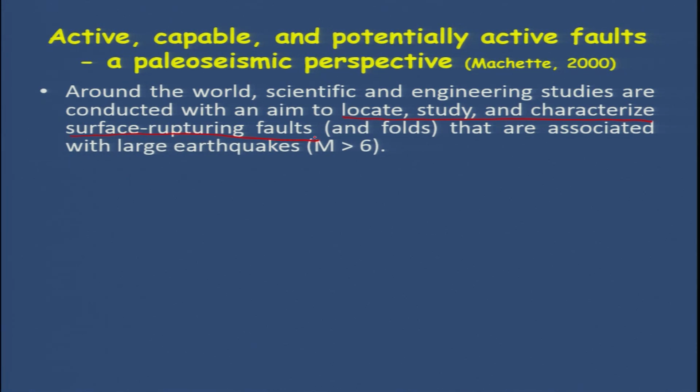Okay. So, this is the required data: to locate, study and characterize what type of faulting has been taking place, and the associated landforms. Such surface faulting is mainly seen associated with earthquakes having magnitude greater than 6.